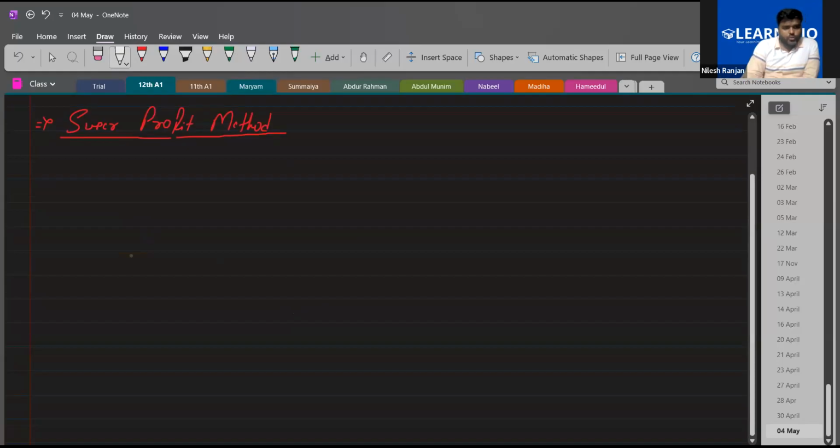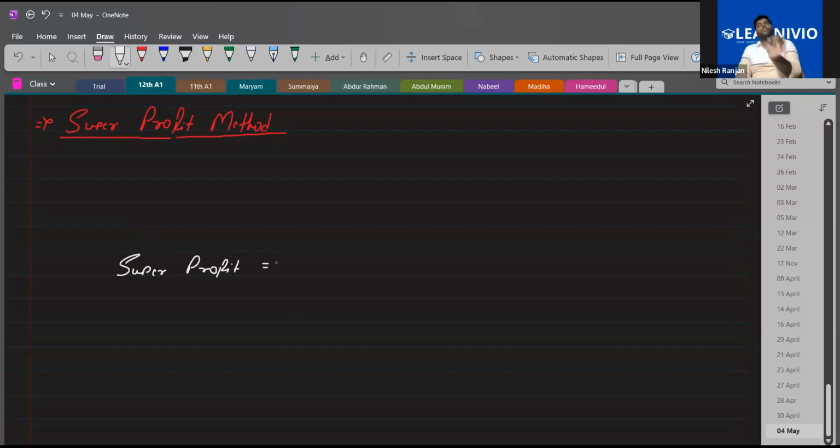Super profit means extra profit from the normal one. When I told you the meaning of goodwill, I told you that goodwill is an intangible asset which helps a business to earn higher profit than other similar businesses. If you earn higher profit than other similar businesses, that is extra profit, super profit.